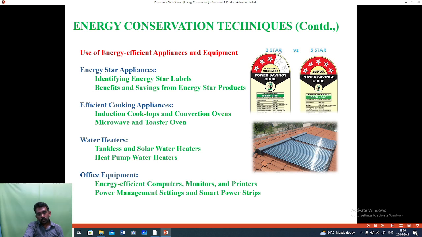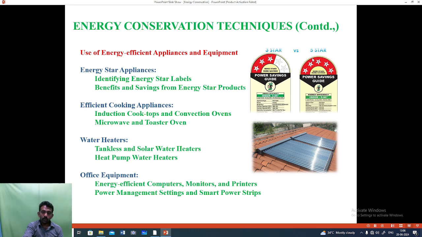We are mostly aware of the concept of 3-star and 5-star ratings. The star rating is basically how much energy is being utilized. For example, in a 3-star rating the energy consumption is more, and in a 5-star rating the energy consumption is less. So 3-star has high energy consumption and very low energy conservation, and 5-star has very high energy conservation.